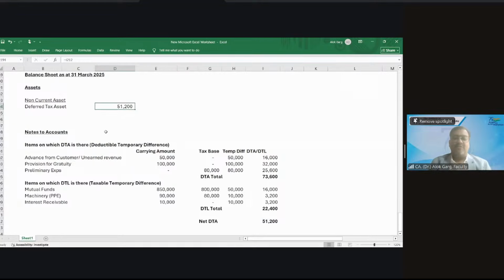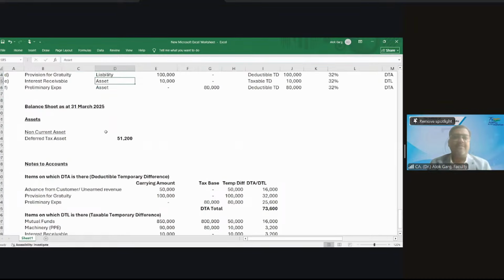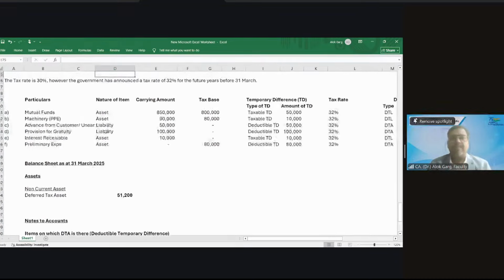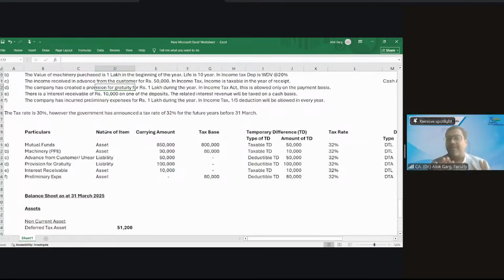So this is the balance sheet presentation, and this is your notes to accounts presentation. And this is your computation: carrying amount, tax base, type of temporary differences, amount of temporary differences, applicable tax rate, type of DTA or DTL, and amount of DTA or DTL.